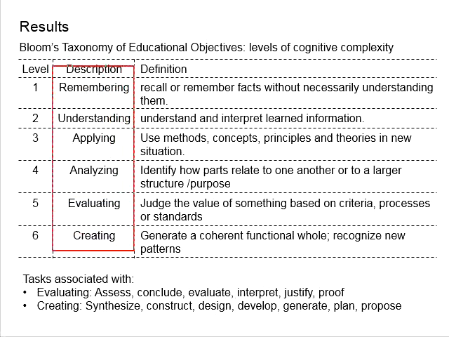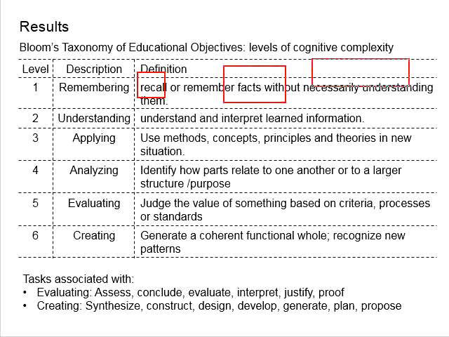These descriptions give you a clear idea, which is rather explicit, of the level of thinking order that you use in conducting your research. Level 1 only involves remembering. That means you only need to recall the facts without necessarily understanding them, which requires a higher thinking order, which is level 2, for you to understand it.